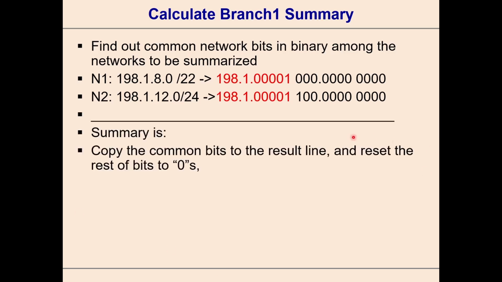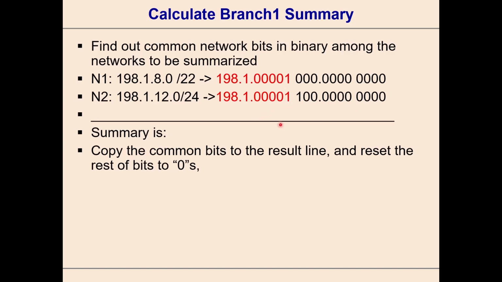And we can see the first octet, 198, is the same. Second octet, .1, matching. For the third octet, we need to compare from the leftmost bits towards the right. So the first 5 bits are matching. Starting from the 6th bit position, they are different. That creates a boundary between the summary network and the summary host portion.